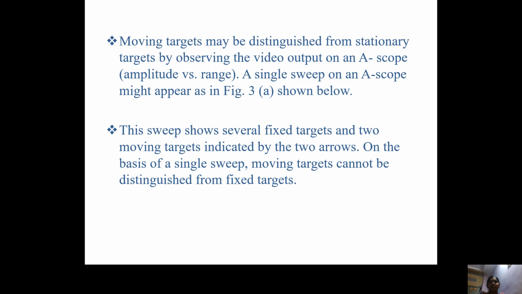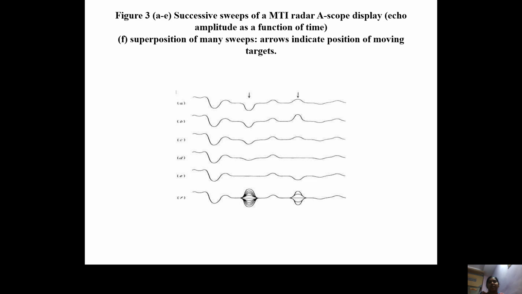If you look at this figure, you can see several sweeps of the output indicated on the A-scope: figure A, B, C, D, E, F. These are the sweeps. This is the first sweep. In this first sweep, can you see the arrows indicating the moving targets?